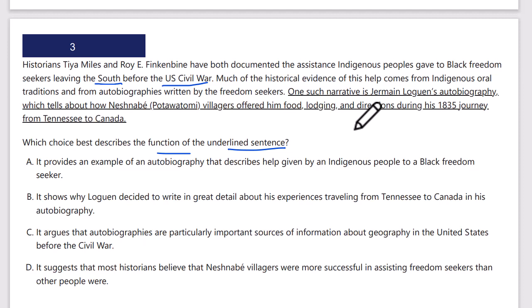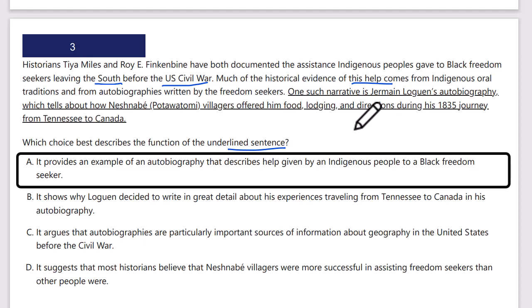Much of this historical evidence of this help comes from indigenous oral traditions and from autobiographies written by the freedom seekers. One such narrative is Jermaine Logan's autobiography. So this is an example. This is an example of the claim in the previous sentence. Present an example of an autobiography that describes help given by an indigenous people to a Black freedom seeker.